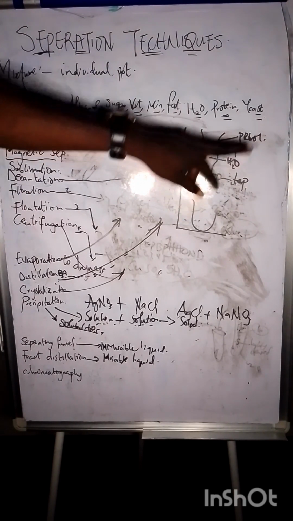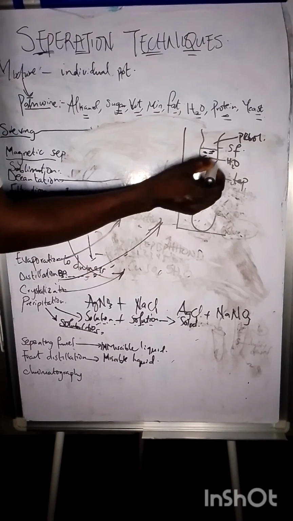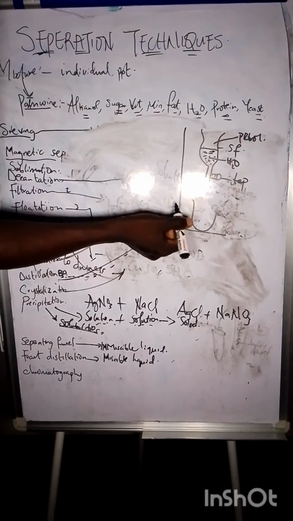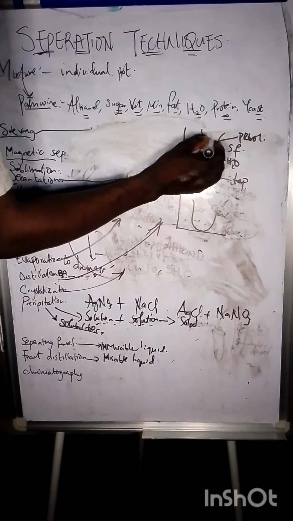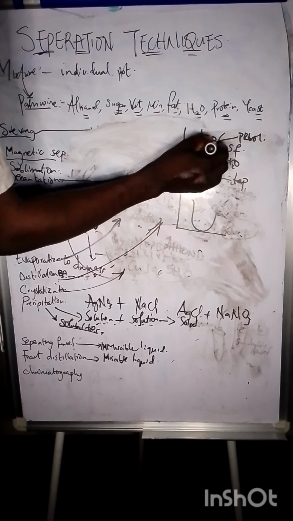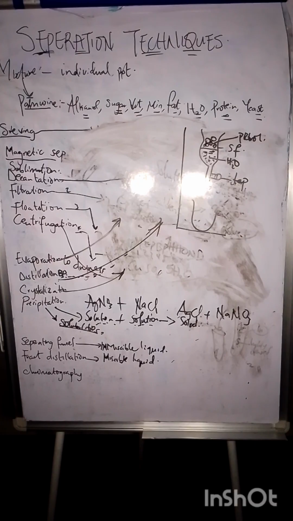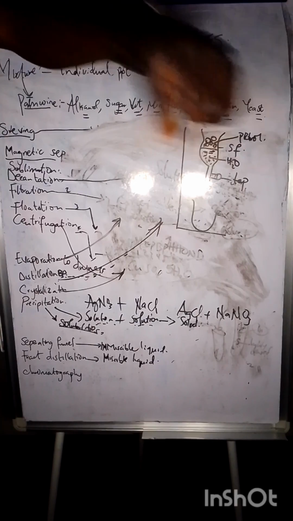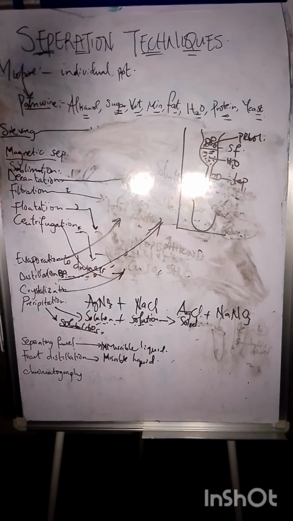Water is polar, petrol is non-polar. So your water here is very dense, and your petrol is less dense. Since they did not mix, you pour the two of them inside a separating funnel, and you can see that they separate into two distinct layers.